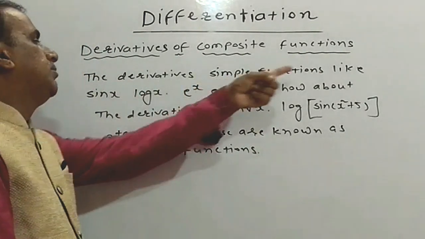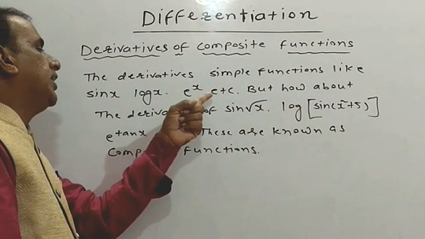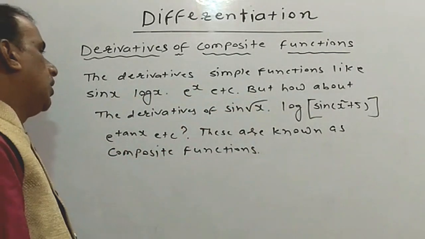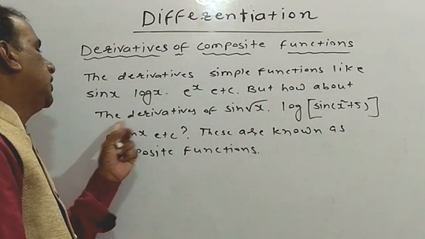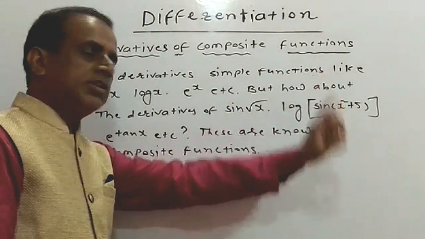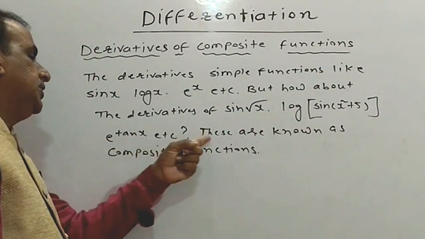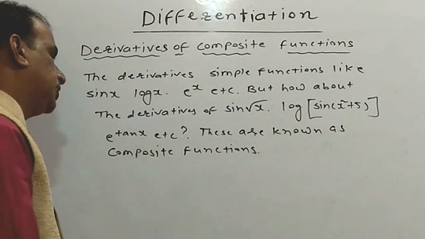The derivative of simple functions like sin x, log of x, e to the power x, etc. But how about the derivative of sin square root x, log sin x square plus 5, e to the power 10x, etc.? These are known as composite functions.